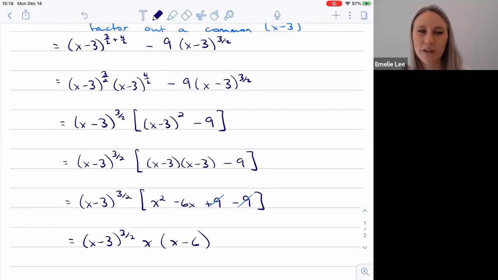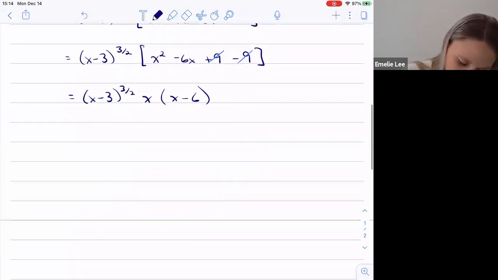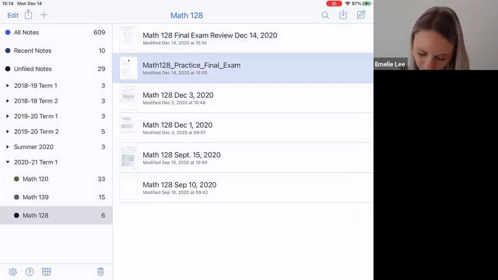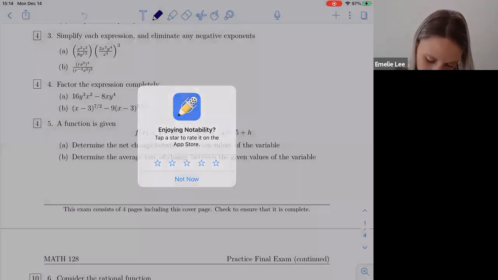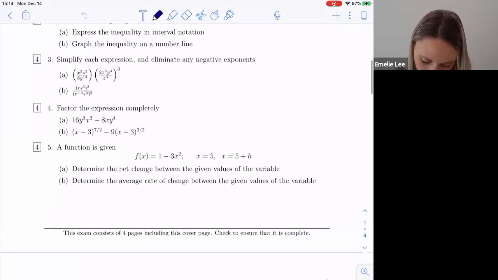Any questions about that one before we move to 18? 18, 19, 20 sound like trig to me. Awesome. All right, then let's go see question 5. Oh, not now. Oh yeah, you got it.